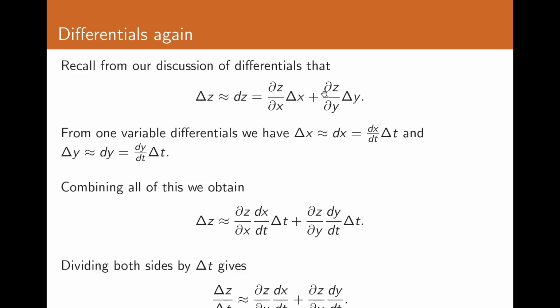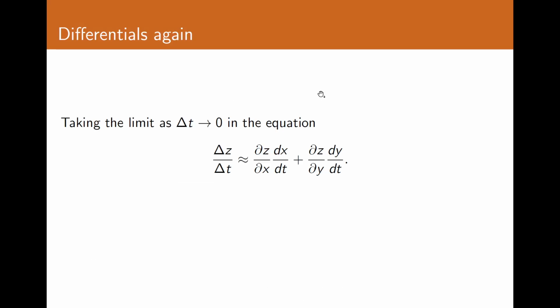This is still an approximation so far, but now if we let delta t go to 0, the left-hand side will become dz/dt, so we get this equation that says dz/dt is the partial of z with respect to x times dx/dt, plus the partial of z with respect to y times dy/dt.